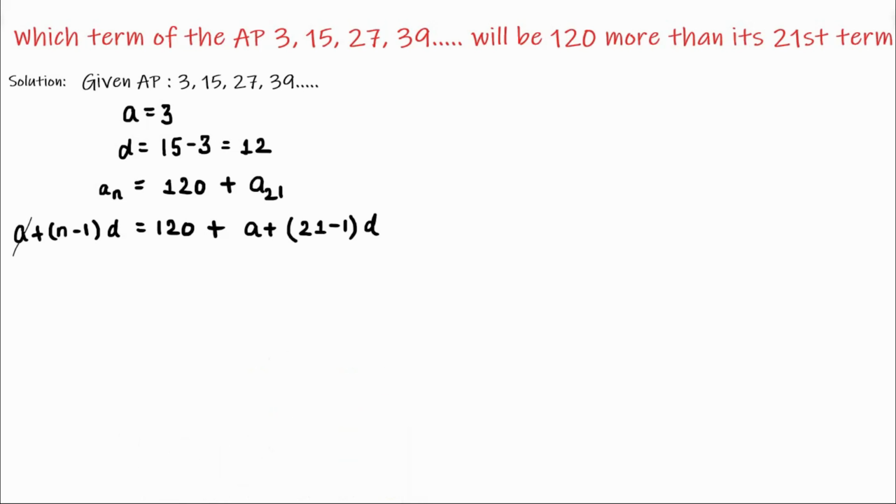So a cancels out from both the sides and we are left with n minus 1 d equals 120 plus 20d. Now substituting the value of d which we have obtained in the earlier step as 12, we get the equation as n minus 1 times 12 equals 120 plus 20 times 12.